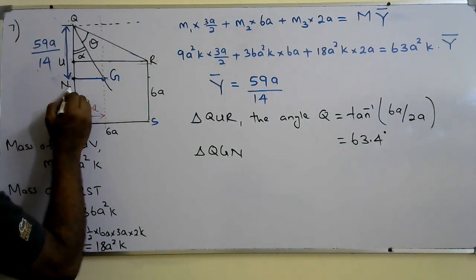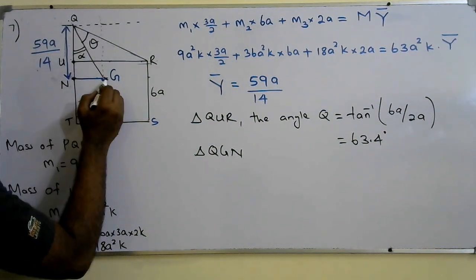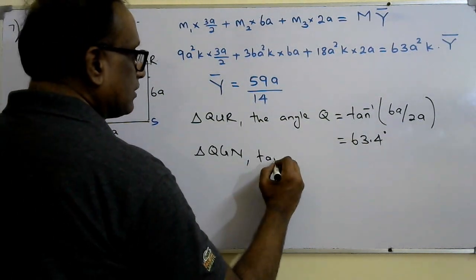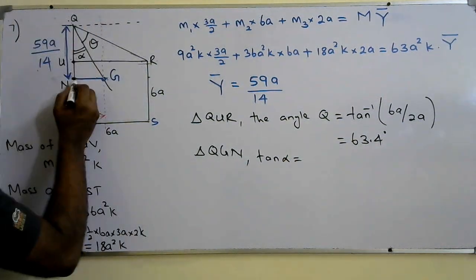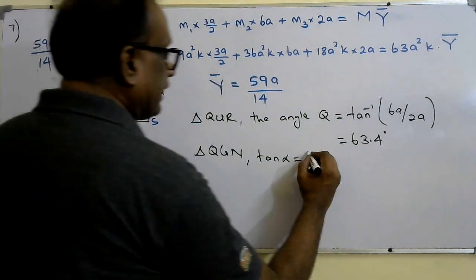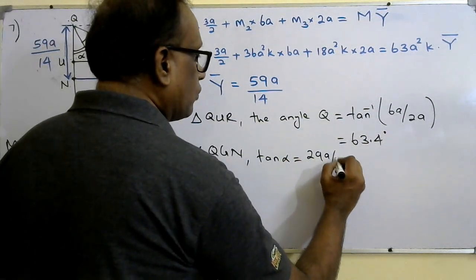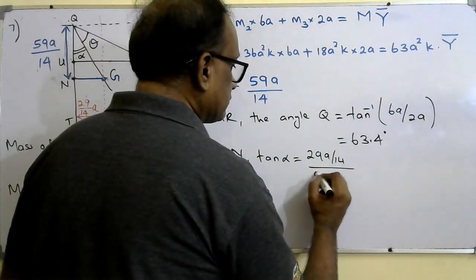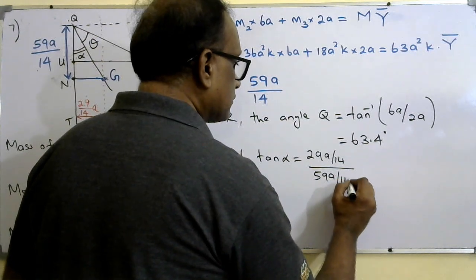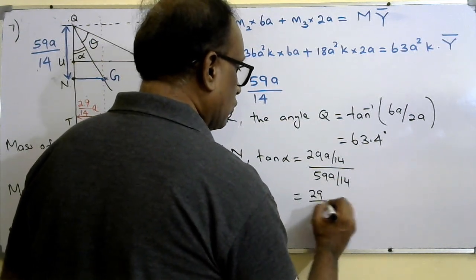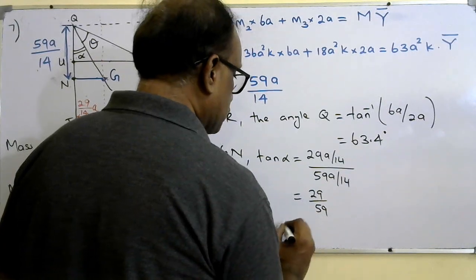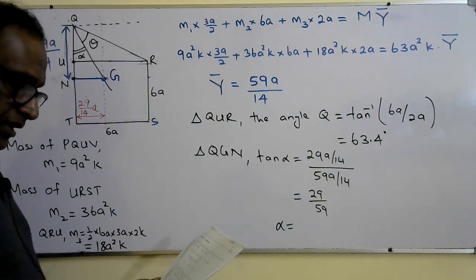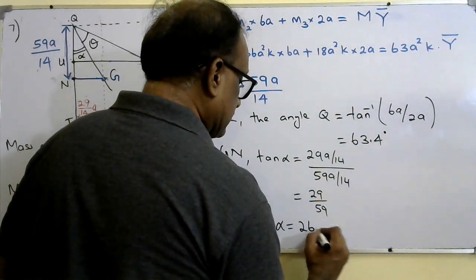So this point is N. So in the triangle QGN, this angle alpha, tan alpha is equal to opposite, this length, that is 29A over 14, divided by 59A over 14. So that's going to be 29 over 59. So alpha, find the tan inverse 29 over 59, that will be 26.2 degree.